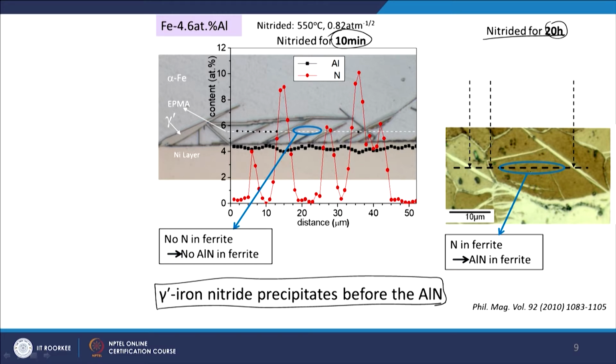That means at a later stage aluminum nitride precipitates. That means initially iron nitrides grow and later aluminum nitride precipitates. This is where the role of the dissolved aluminum comes into the picture, influencing the way iron nitride is growing.